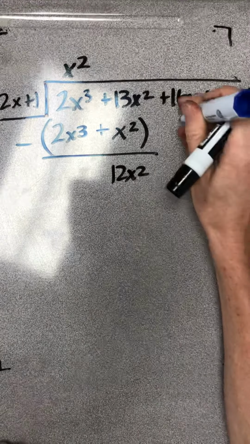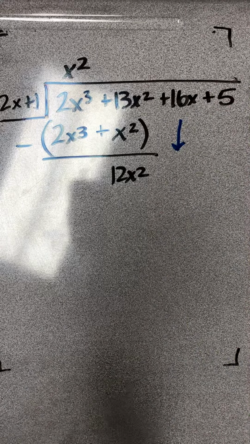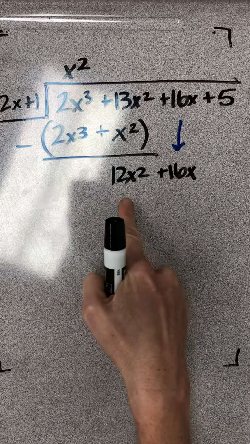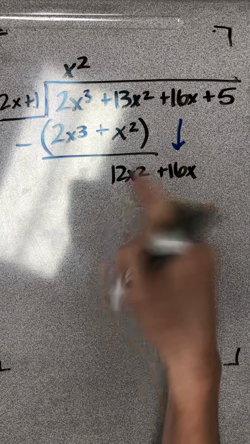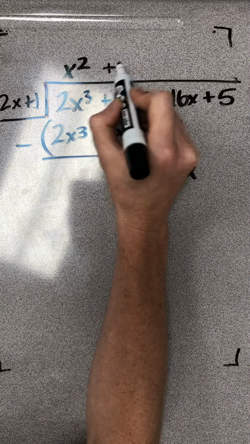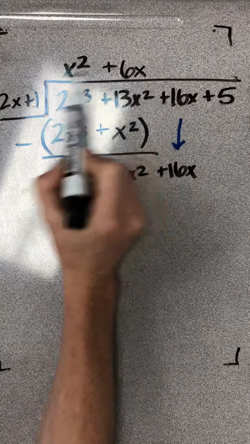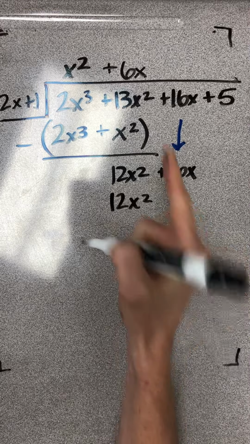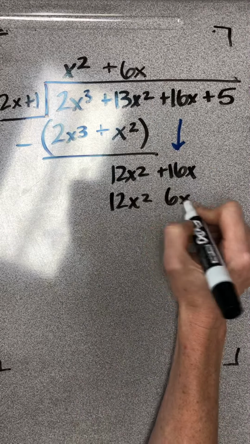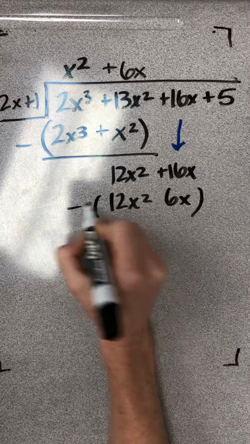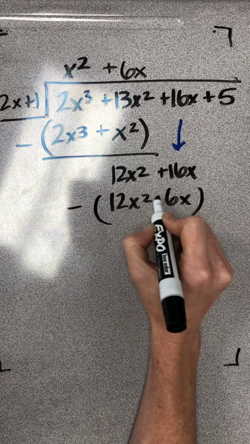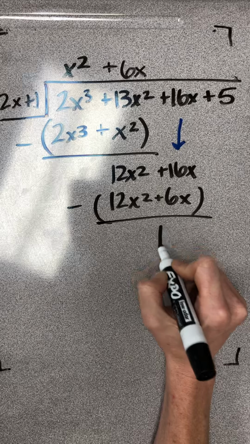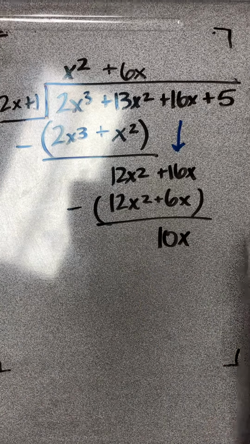Bring down the 16x and just continue the process. 2x goes into 12x squared, 6x times, because 6x times 2x is 12x squared, 6x times 1 is 6x, and I'm subtracting this whole thing. 16x minus 6x is 10x. Bring down the 5.